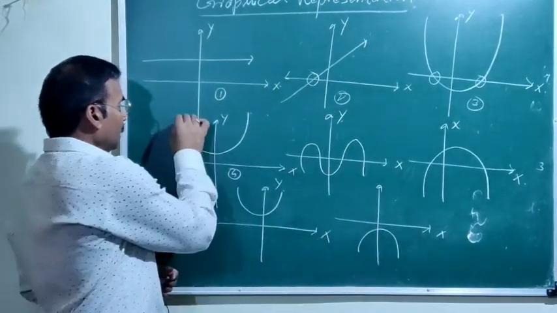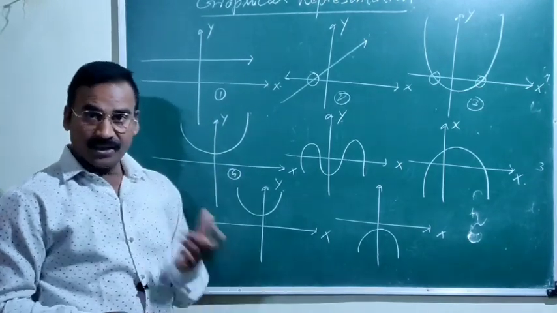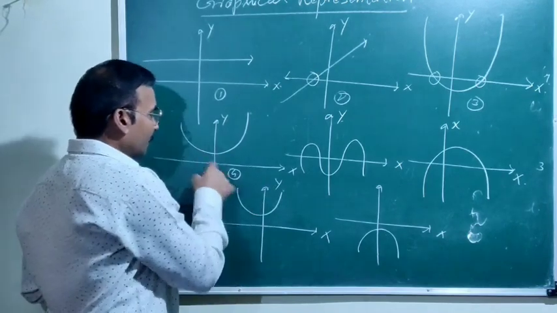fourth. This curve does not intersect the x-axis. So there are no zeros.